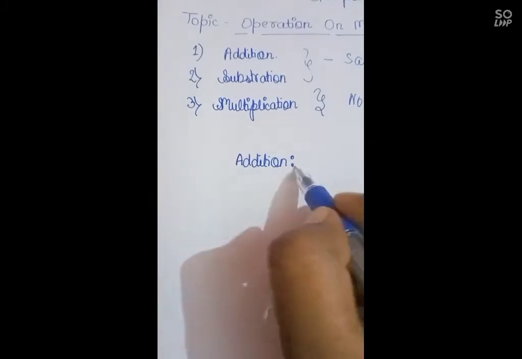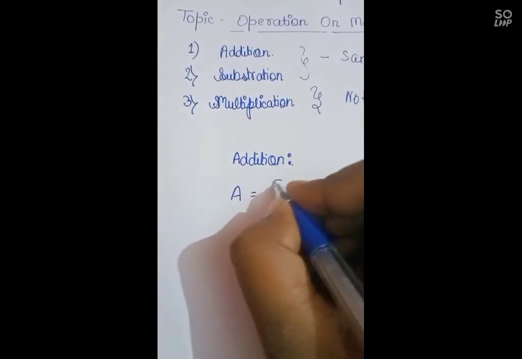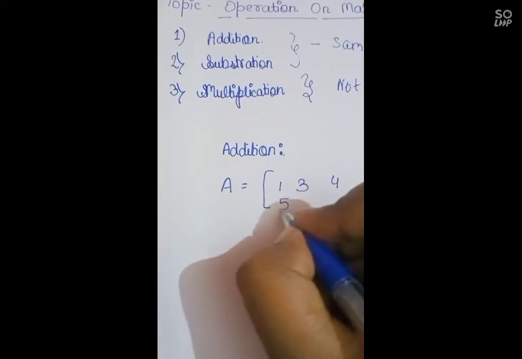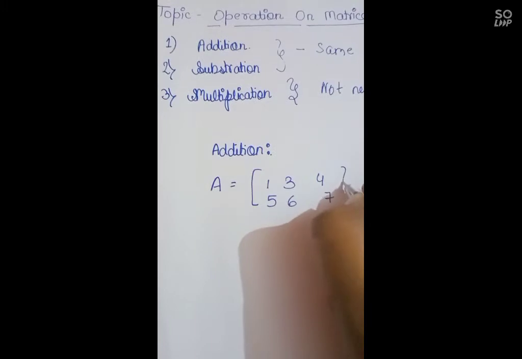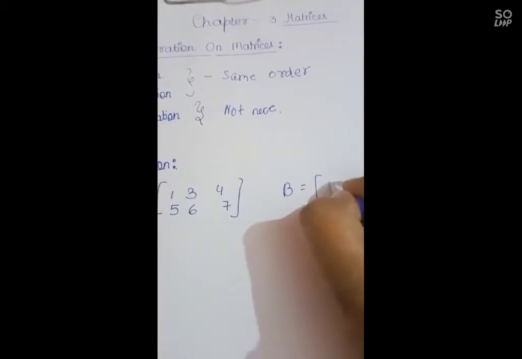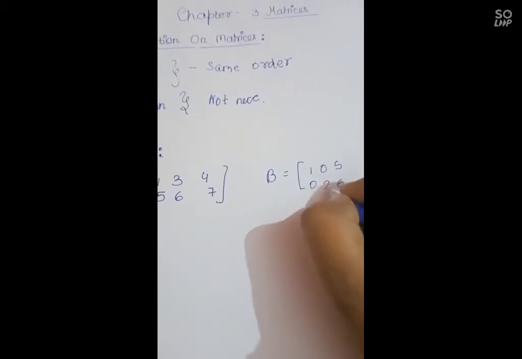For addition we will take two matrices, for example A equals 1 3 4 5 6 7 and B equals 1 0 5 6 0 2.